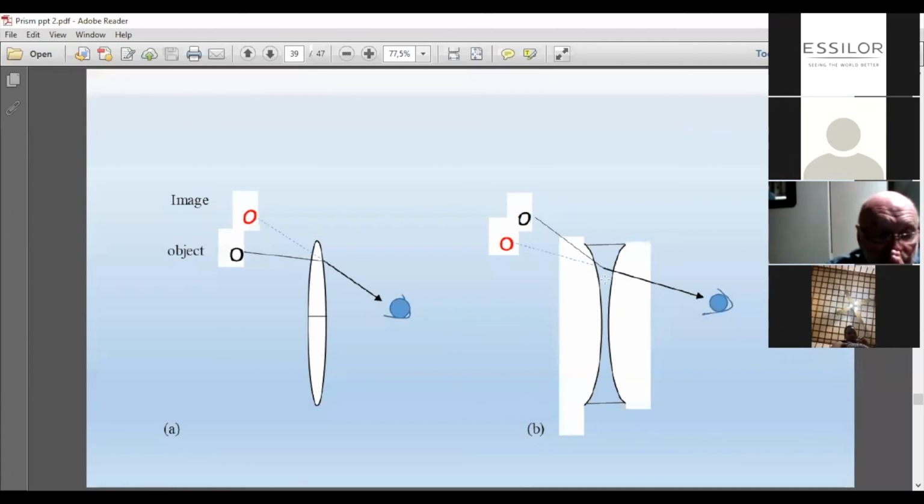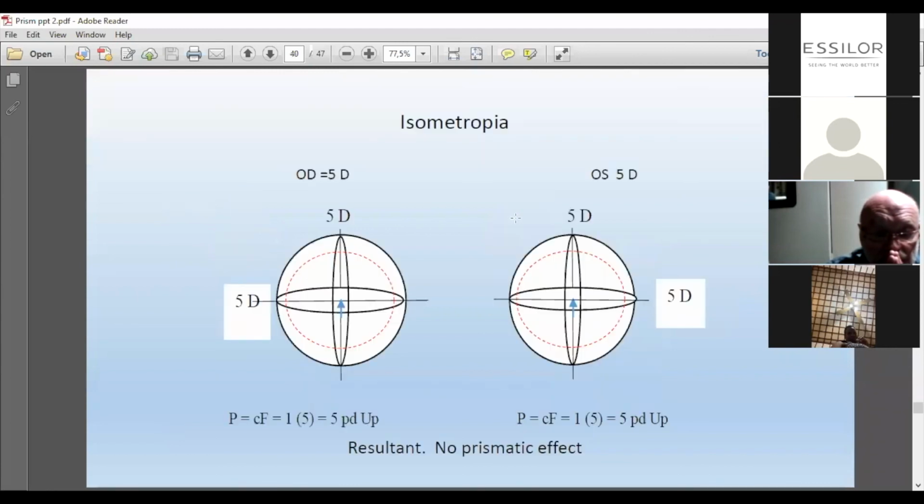And for the lens of negative power, if this is your object over here in black, light will come in and bend towards the base. It's going to bring that object into your field. So that's why you'll end up with a wider field. And okay, what I was going to do over here when it comes to anisometropia, isometropia, and antimetropia, I'm just discussing your field of view through your lens.